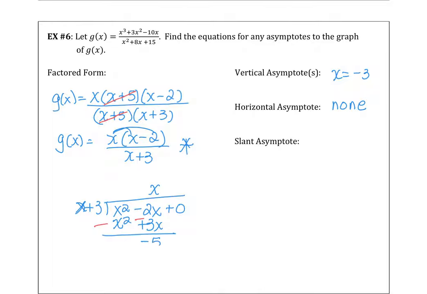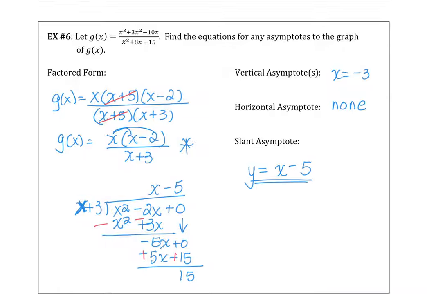That's negative 5x, and bring down the 0, and minus 5 for my quotient. Negative 5 times x plus 3 is negative 5x, and minus 15. And then when we subtract, we're going to ignore the remainder. The quotient is the expression for the slant asymptote.